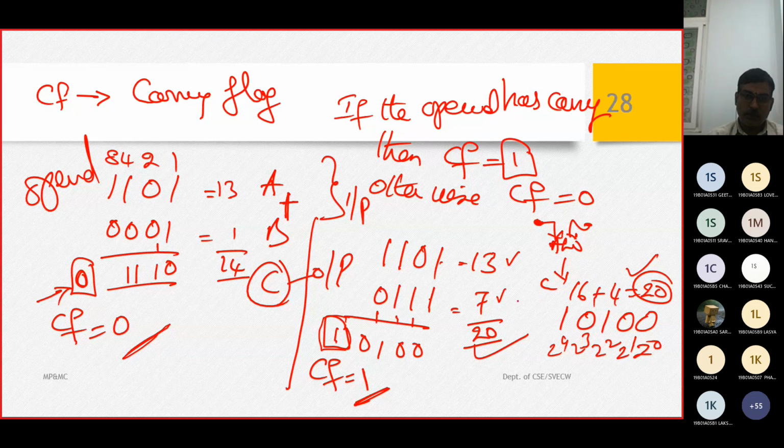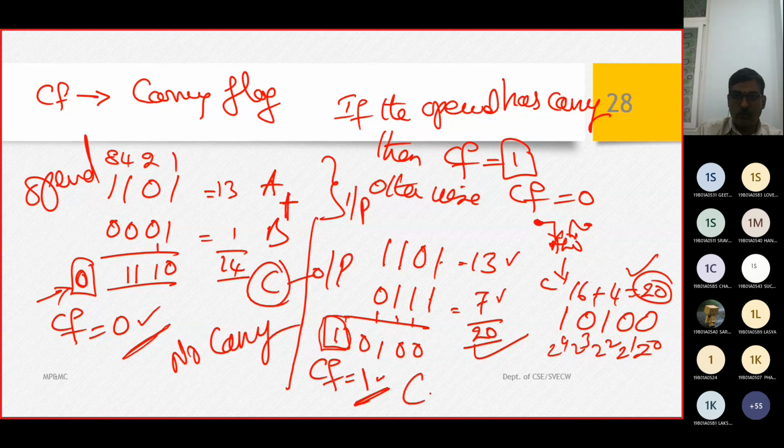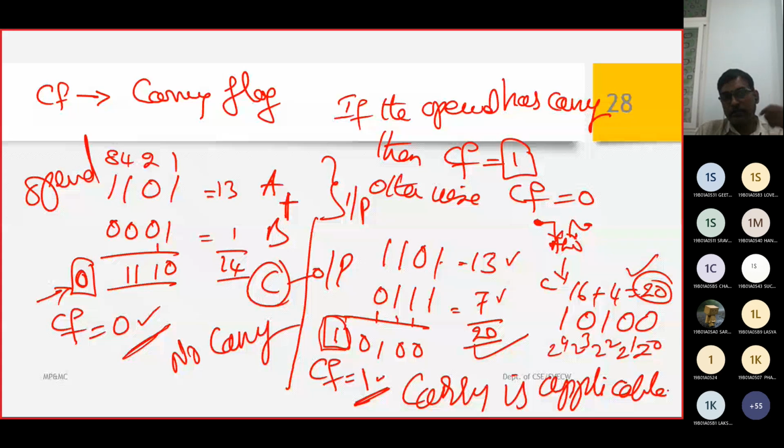C is equal to A plus B. Therefore, we are going to get 20 here. Now, how am I going to record this 20? I'm going to use the carry flag. When carry flag is 0, we say there is no carry. When carry flag is equal to 1, carry is applicable. This is all regarding the carry flag.